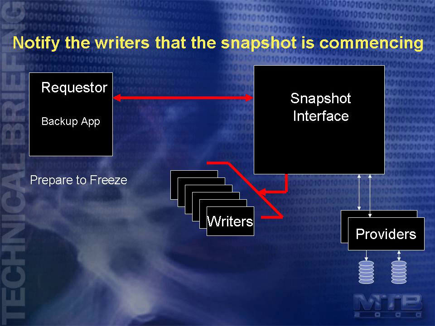In some simple cases, a writer will simply make a copy of its database and put it into a repair directory or a backup directory, set it aside, and say, okay, I'm done. It isn't really the recommended method, because when you get a prepare to freeze, you suddenly have all sorts of disk activity. But nevertheless, that's a very simplistic case of getting ready for the freeze to happen.